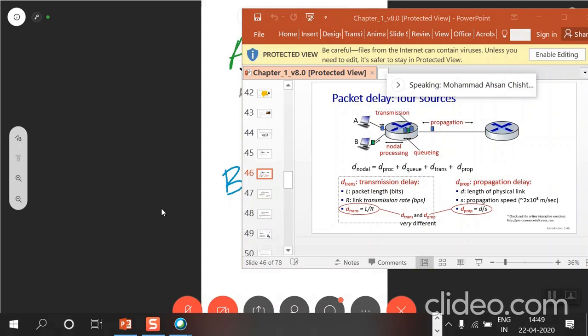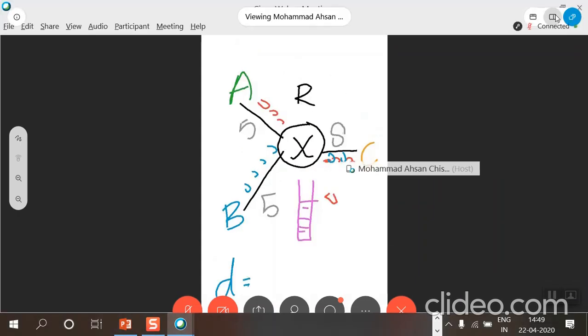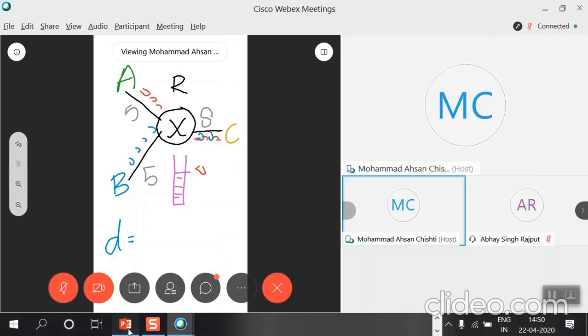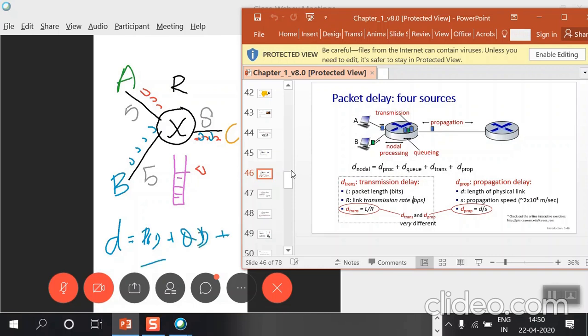The total delay is known as the nodal or total nodal delay, which is equal to the processing delay, I will write as PRD, plus the delay at the queue, which I will write here as QD, plus the transmission delay, which I would write here as TD, plus the propagation delay.